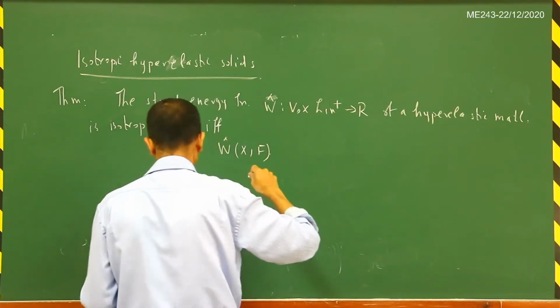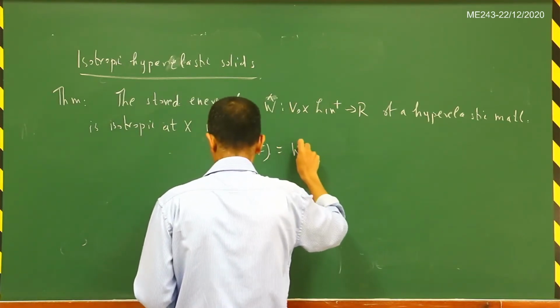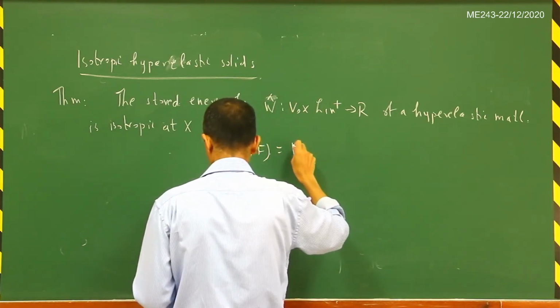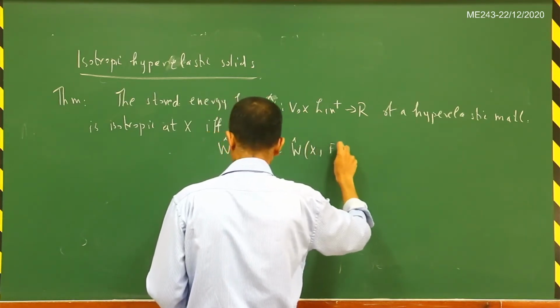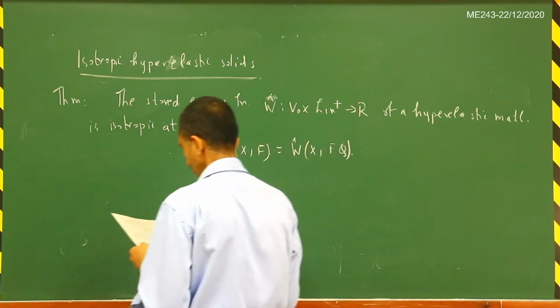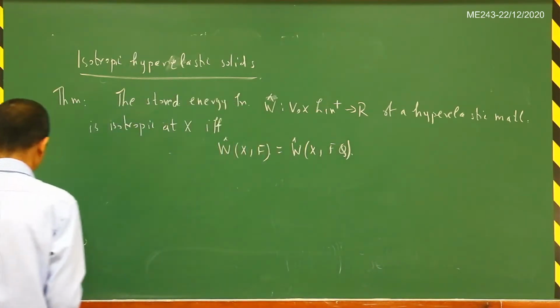W hat of X comma F is equal to W hat of X comma F Q. So let us try to prove this.